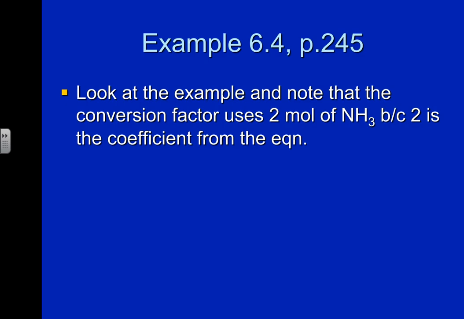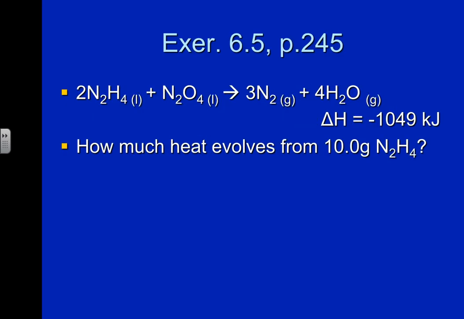And again, that 2 in front of the ammonia comes from the equation listed above. They do the math, and then you have your final answer. So understand that when you're using enthalpy values as conversion factors, your mole amount comes directly from a coefficient in the equation, okay? All right.